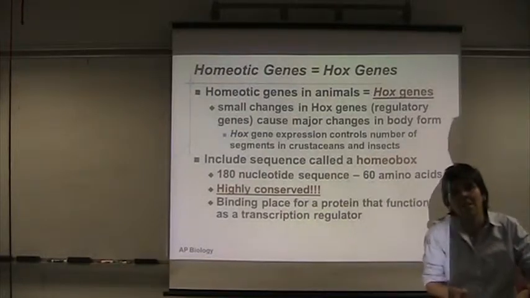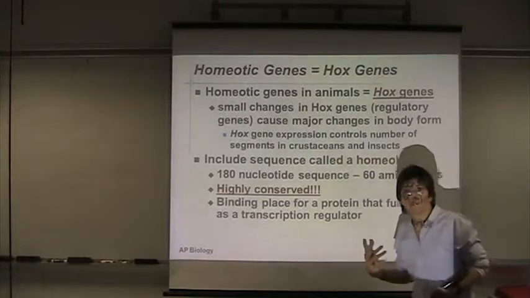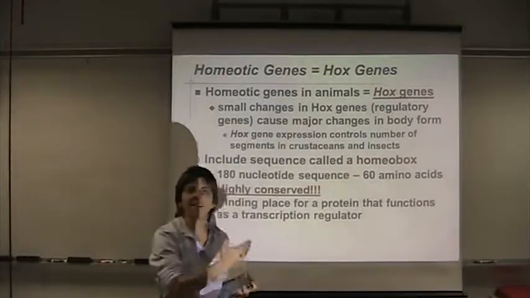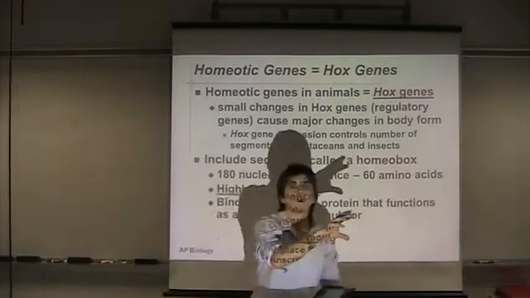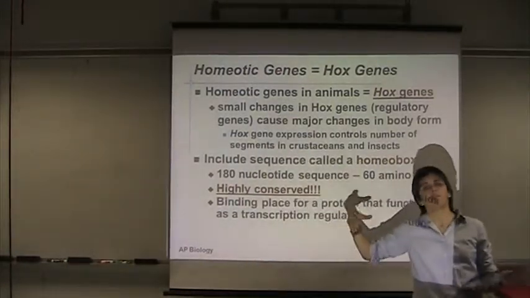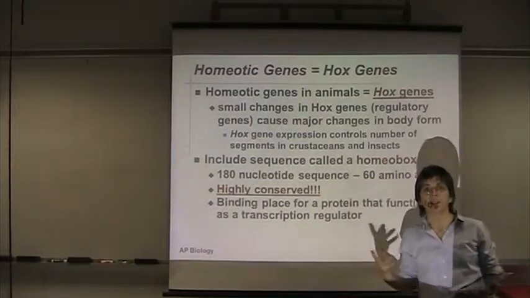Now we are learning that a lot of the changes that have happened in the body of animals have happened because of mutations in these master regulatory genes. And we know that because we have sequenced pretty much the DNA of not everybody, but at least the more common experimental creatures.